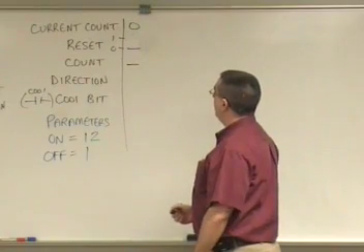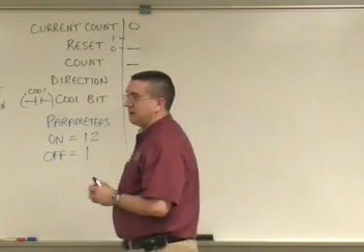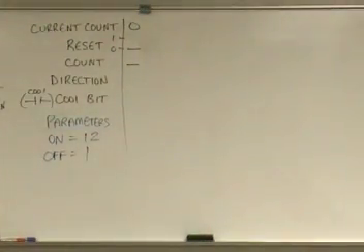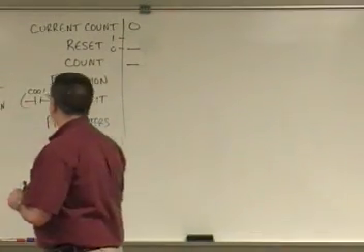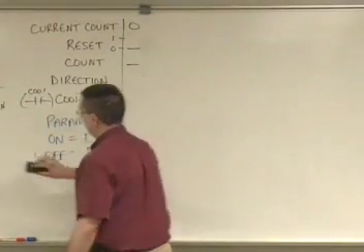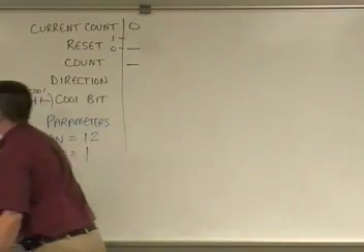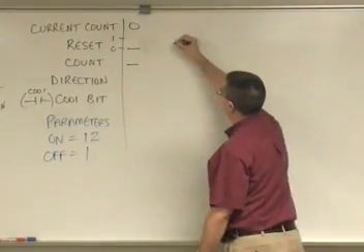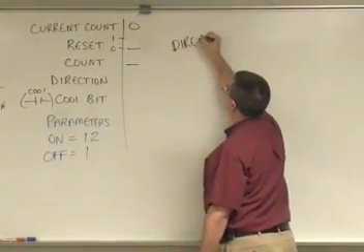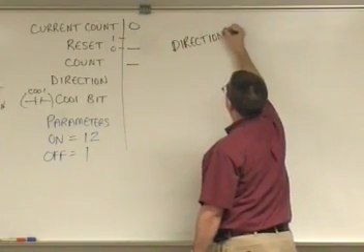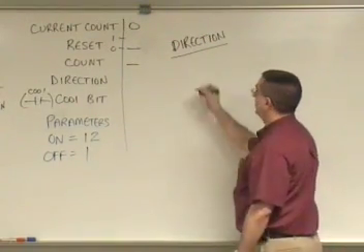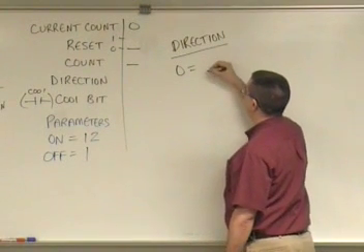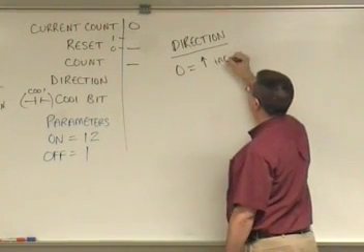And my direction pin, this is something we haven't talked about yet. We'll just mention it, then we'll get back into this. A 0 on the direction pin means to increment.